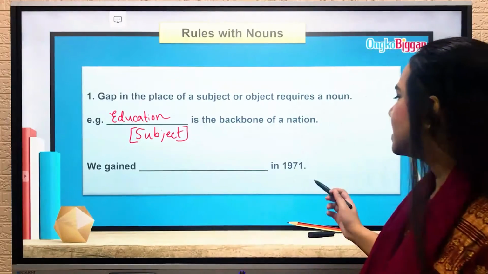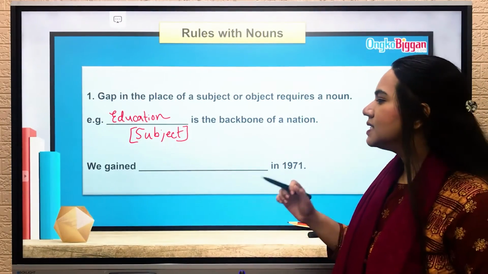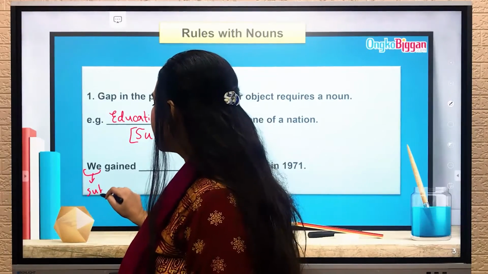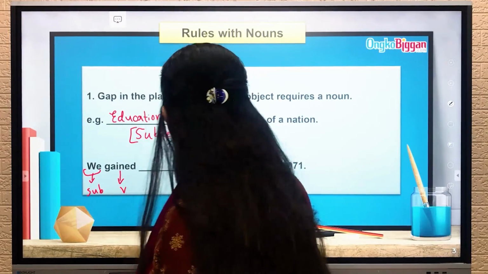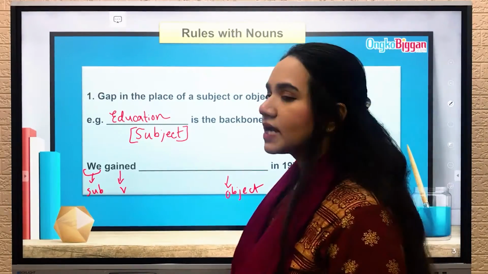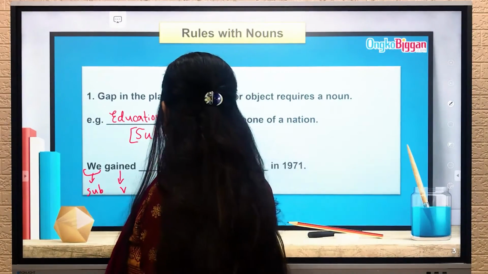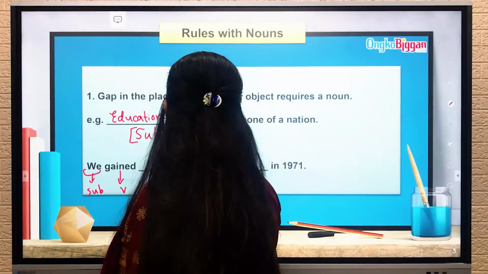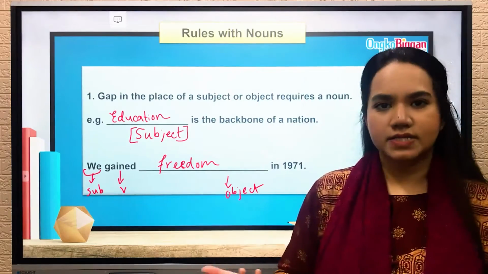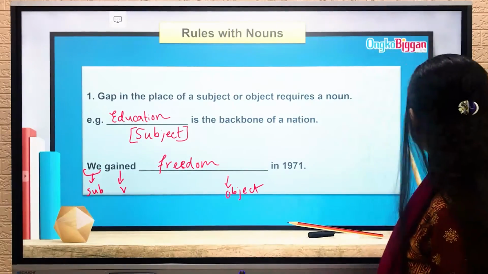Now, we gained dash in 1971. In this case, this word we is the subject here, gained is the verb here, and of course, in this case, we will put the object here. So, what can be the object? We gained freedom in 1971. So, freedom is definitely a noun once again. So, this was rule number 1.